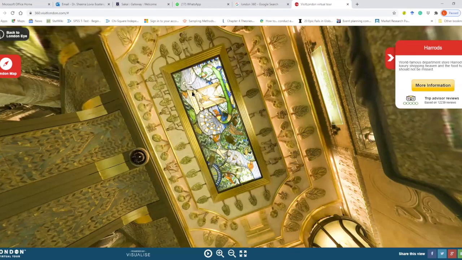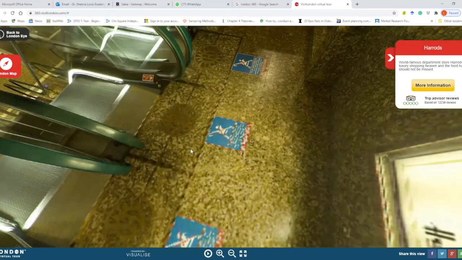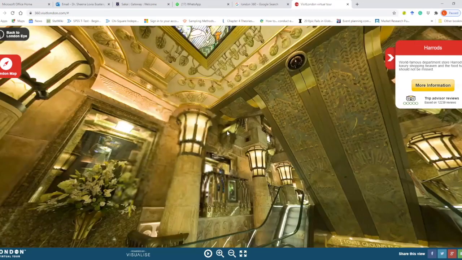You see, this is what augmented and virtual reality helps us to achieve. You can look up, you can look down, you can go sideways. But I don't believe it takes us throughout the entire store, because this is just one room. We're just looking at the room from all angles.